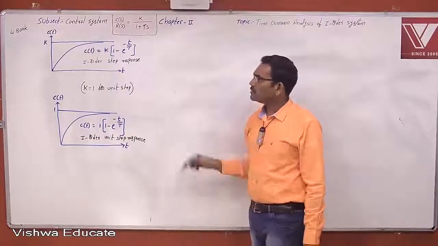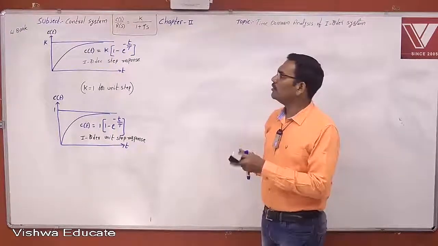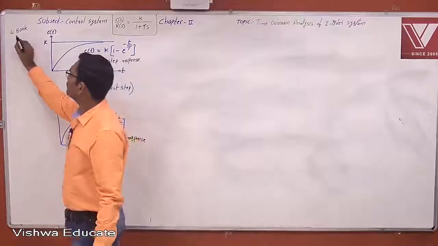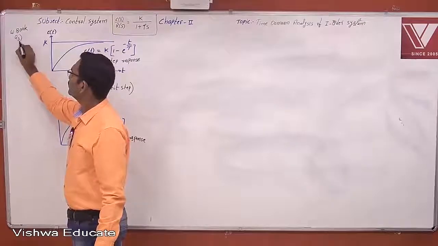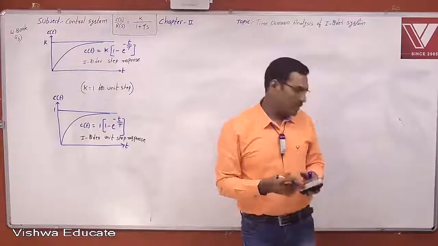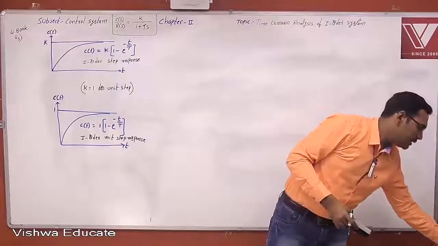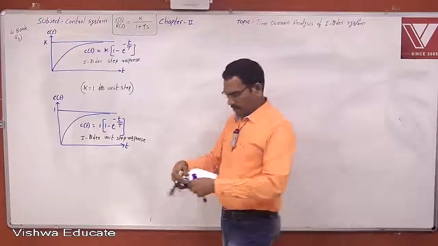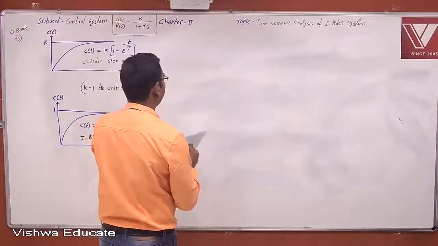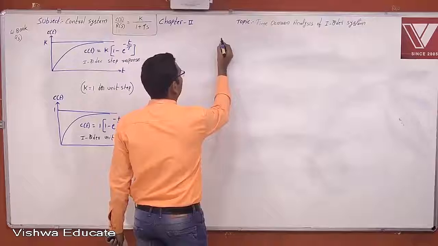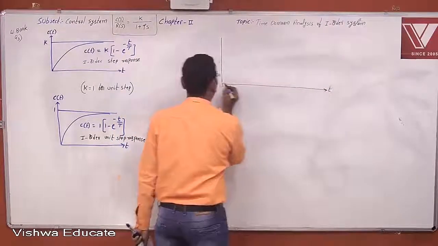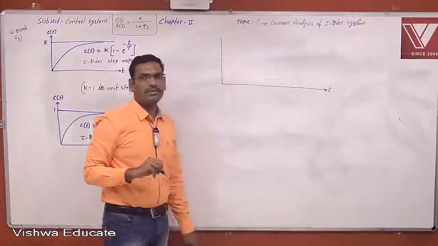Now this is the thing which is easy for you to solve question number 3 in your workbook. What is question number 3? A first order system is initially at rest position. And one more thing I want to say.